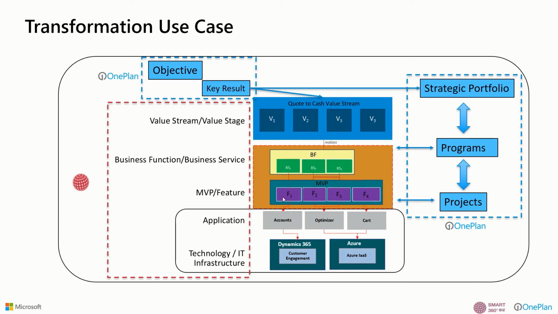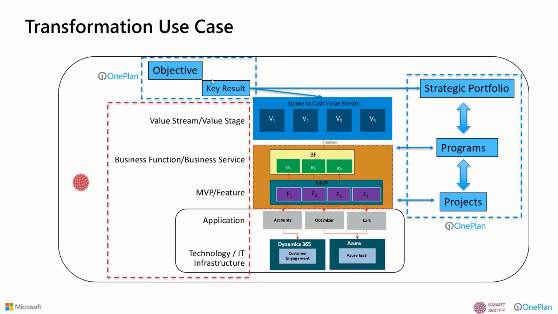We're going to have features. We're going to have applications that are being developed, and then we have a technology and IT infrastructure. Again, that could include APIs. It could include data, cloud, and so on. So what we're doing here is trying to, again, establish that connection between we invested, we deconstructed it into programs. What are the projects impacting?